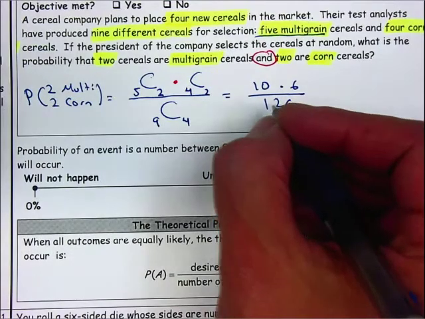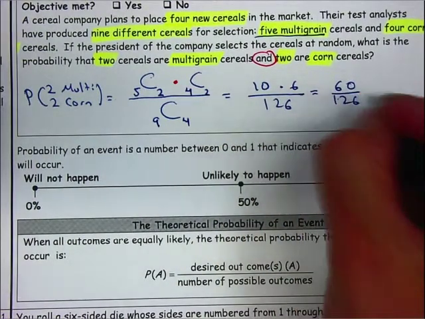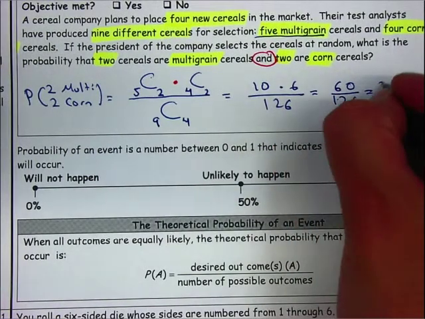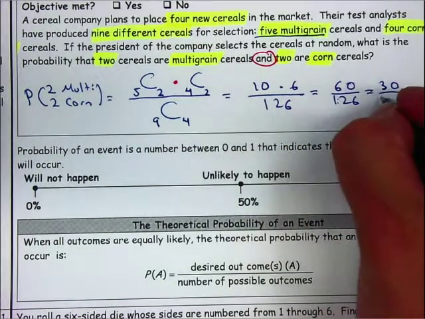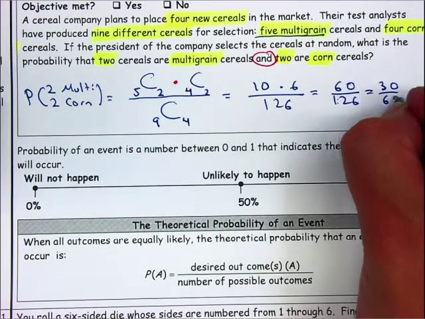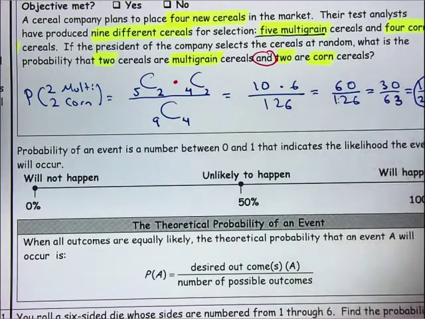So your answer should be 60 divided by 126. Let's see, they both are even, so divide by 2. So it gives me 30 over 63. Divide by 3 gives me 10 over 21. And that'll be your answer.